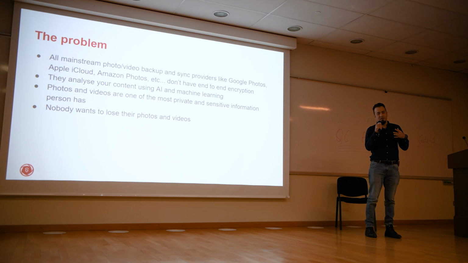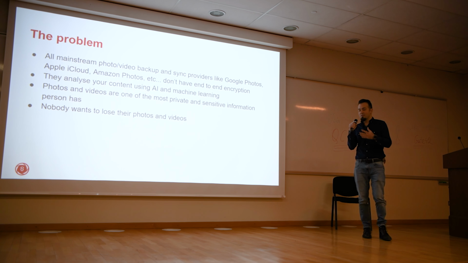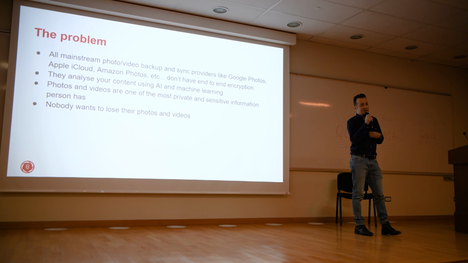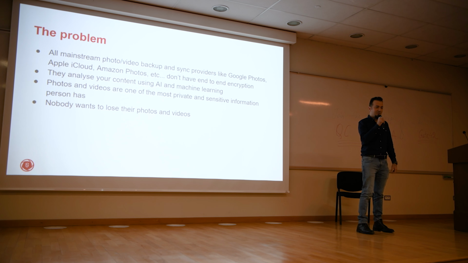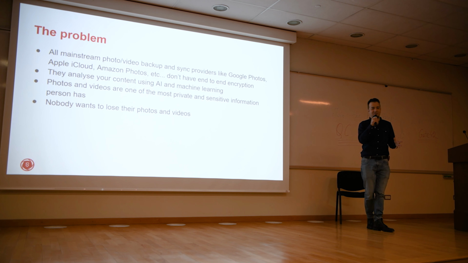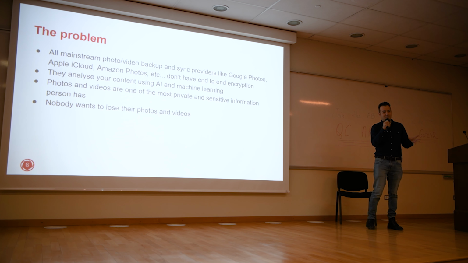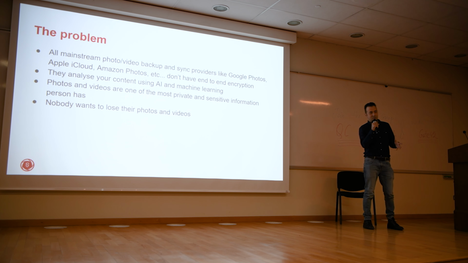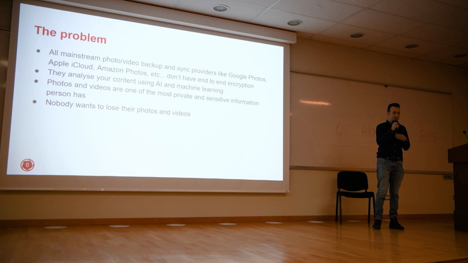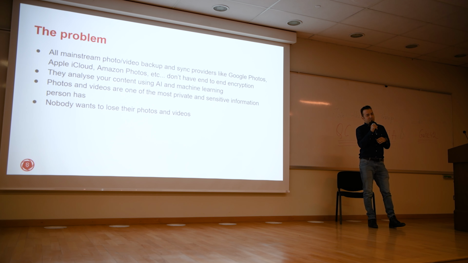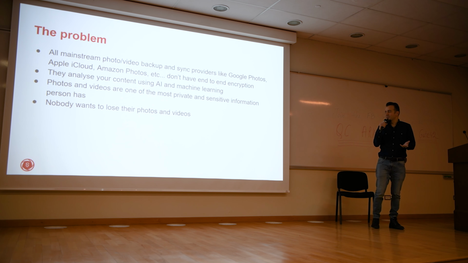For example, lately they started using AI and machine learning to analyze your photos. You probably noticed that they can determine who is in the photos, what you are doing, where these photos were taken, and they aggregate all this information and use it at best for their business needs. So you may ask, what's the deal here?